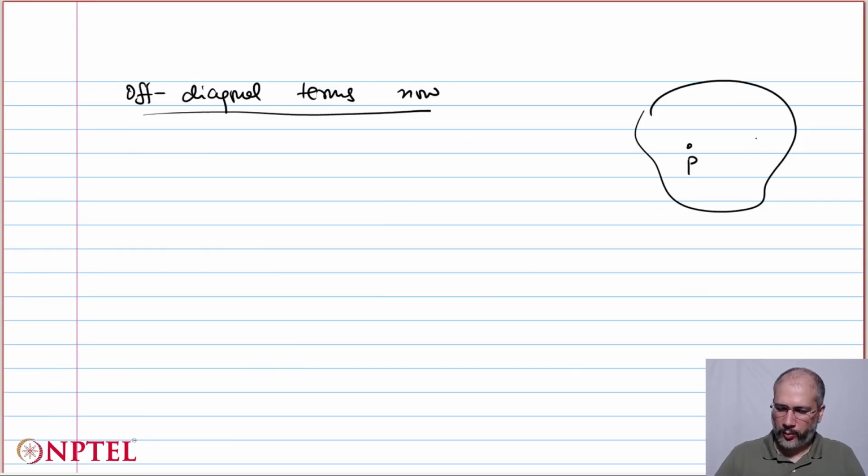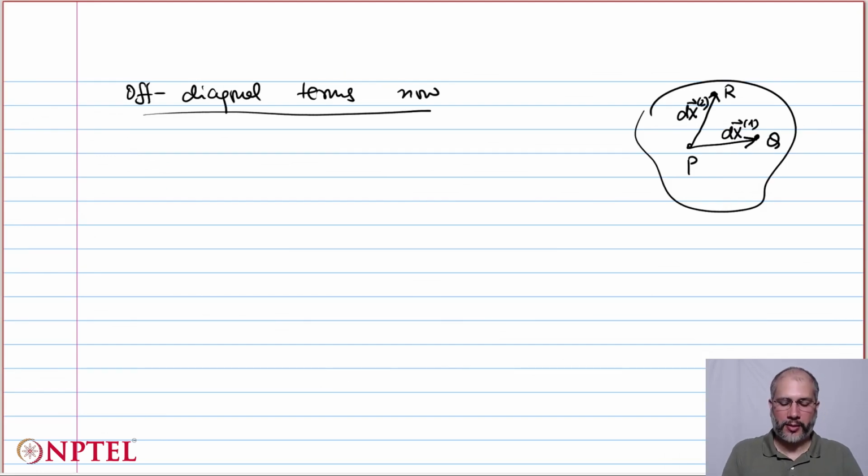So this time we will take 2 points in the neighborhood of P for the analysis. One will be called d capital X vector 1 and the other will be called d capital X vector 2.